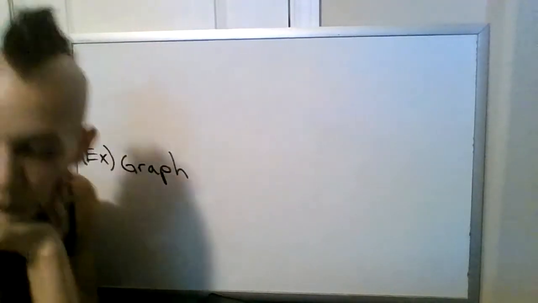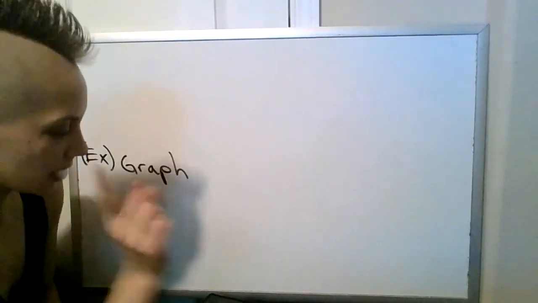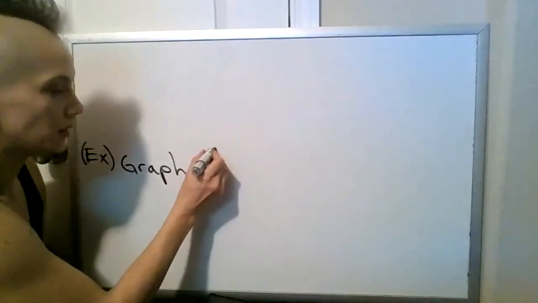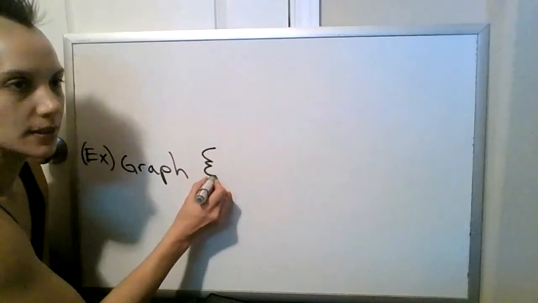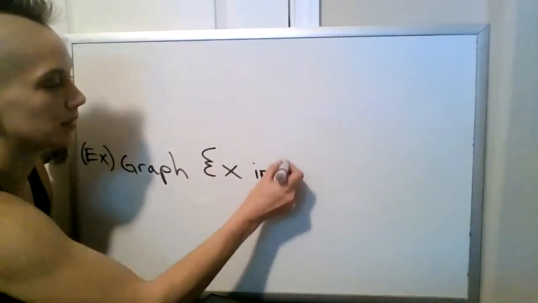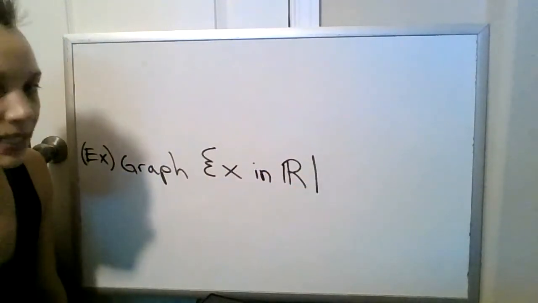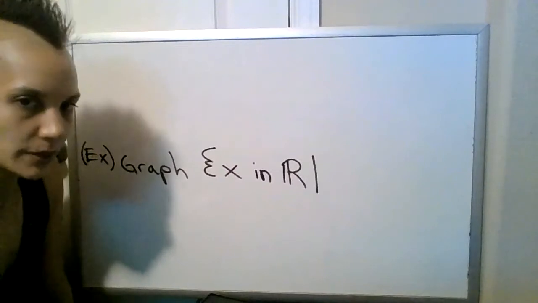Okay, so we have the set of x in R such that your set starts, x is your variable, it's in the real numbers such that 1 is less than x, which is less than or equal to 4.